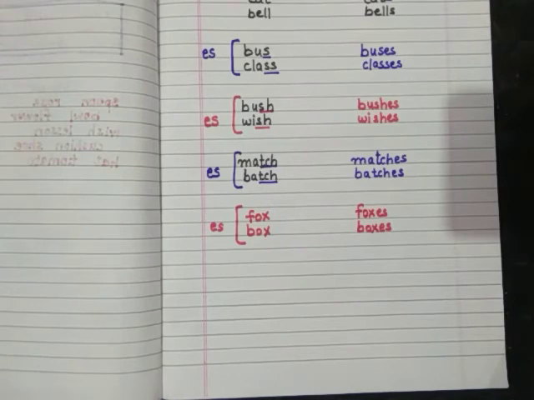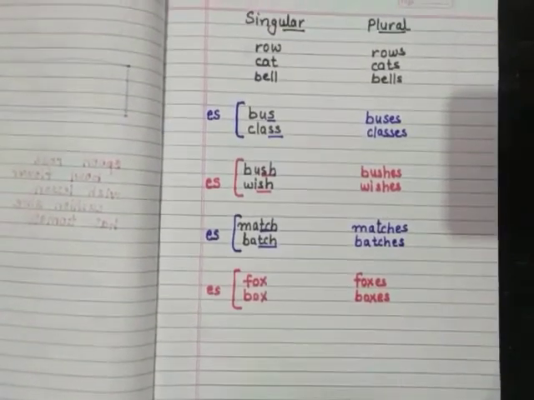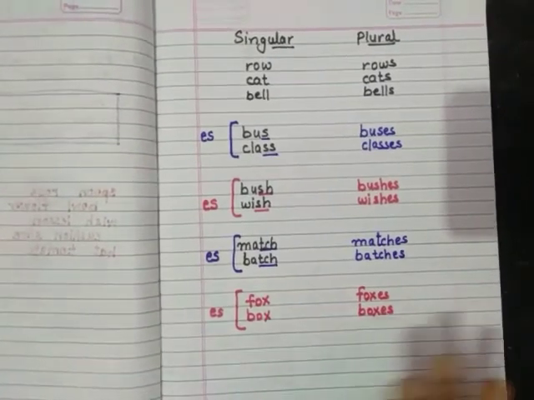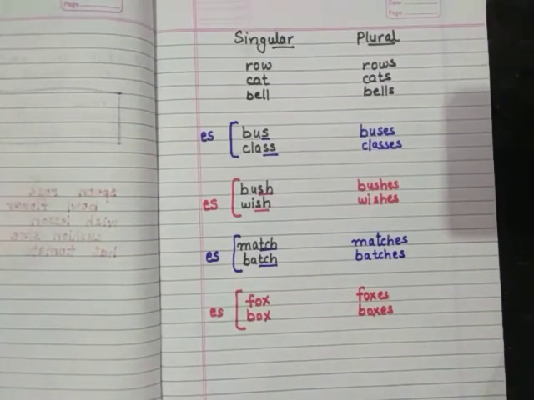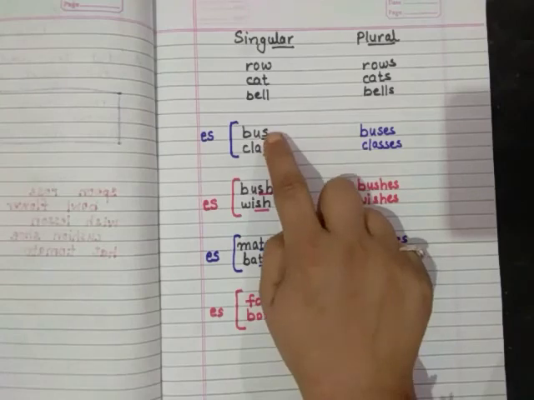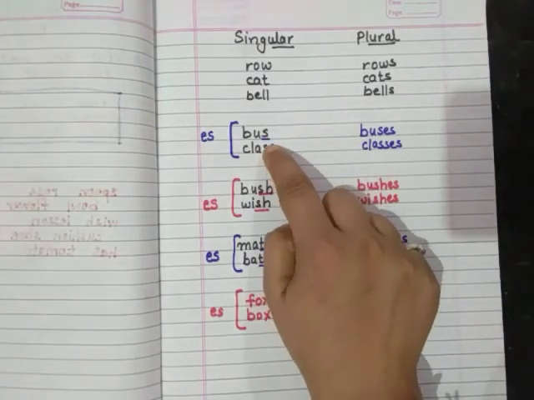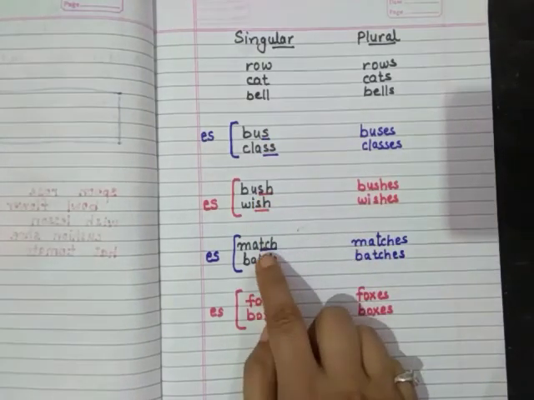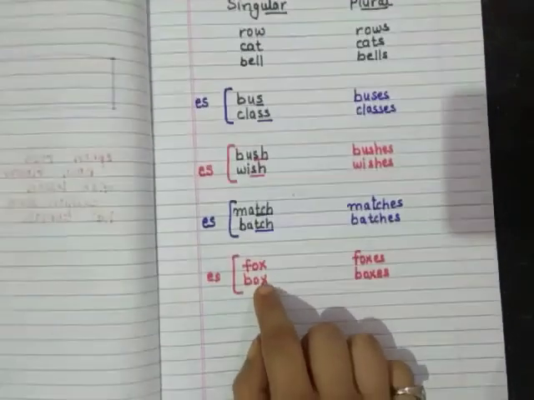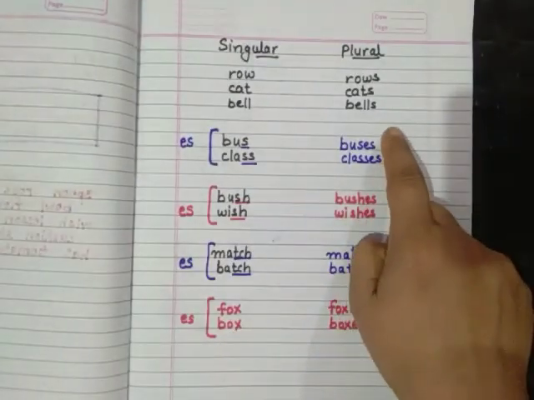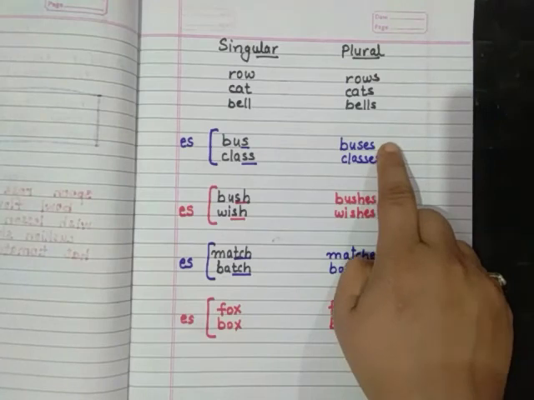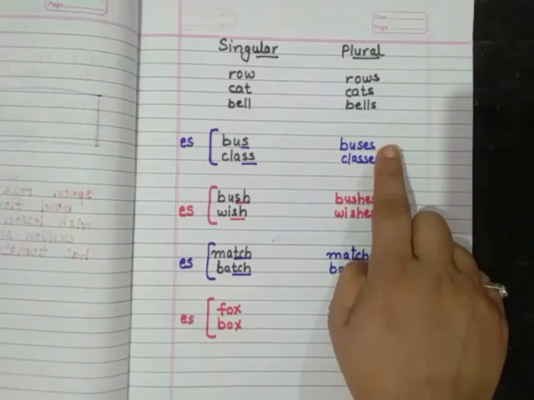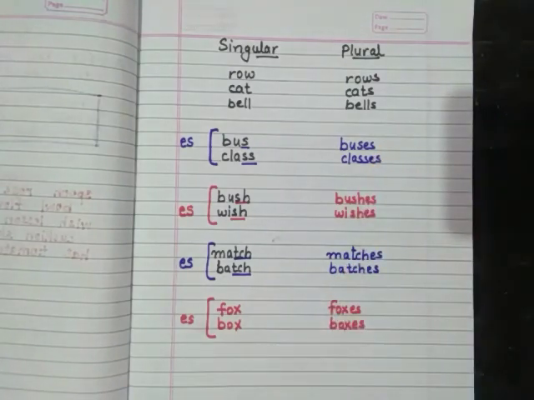The next rule is a new kind of rule that I will tell you in a later class. For now, just remember that if any word ends with S, double S, SH, TCH or X, in the plural form the words are written with ES and their pronunciation also changes.